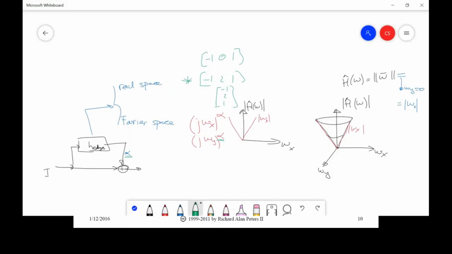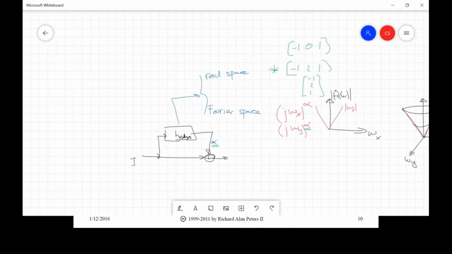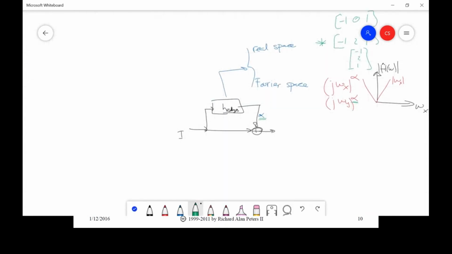Okay, so let's look at this. Our filter in that case was h of x, y plus delta x, y minus delta x minus 1. So those are the edges in that direction.